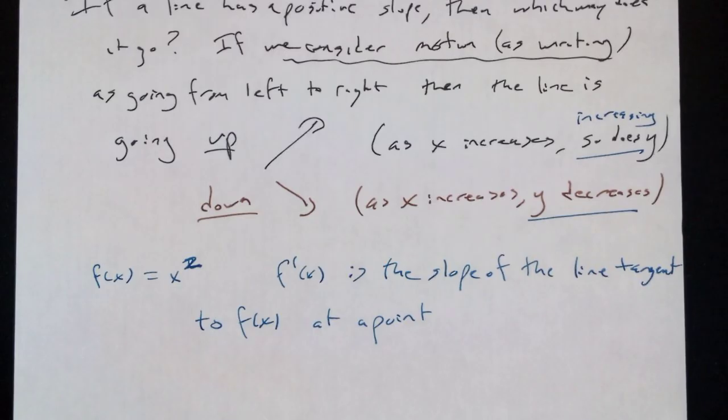So if I think about the slope of f prime, sorry, the slope of f as being the slope of the tangent line, then I can think about the direction of f as being the direction of my tangent line.